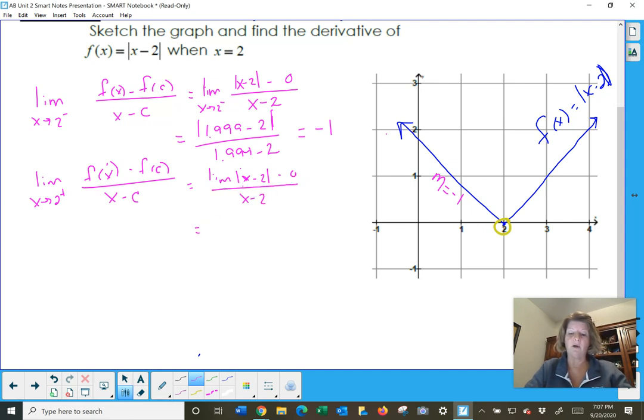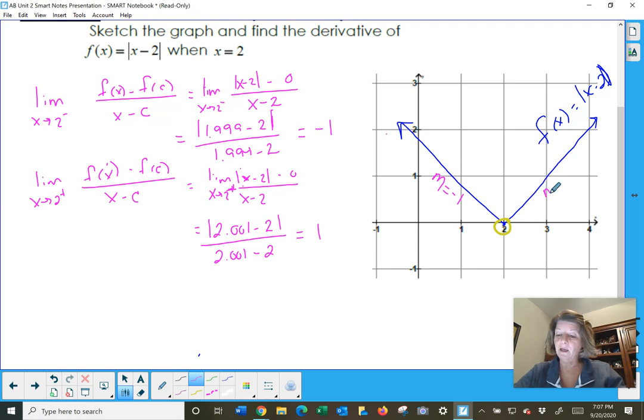Let's use a number bigger than 2 as x approaches 2 from the right, like 2.001 minus 2, absolute valued, over 2.001 minus 2. We get the same difference over the same difference, and positive divided by positive, so I'm going to get a slope of 1. Not surprising here that the slope is 1.